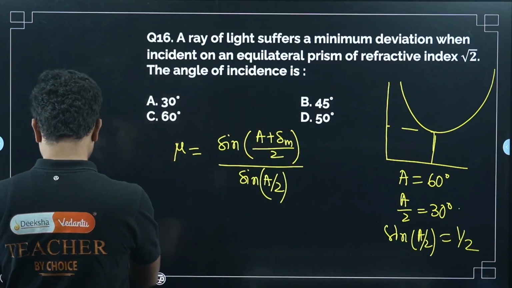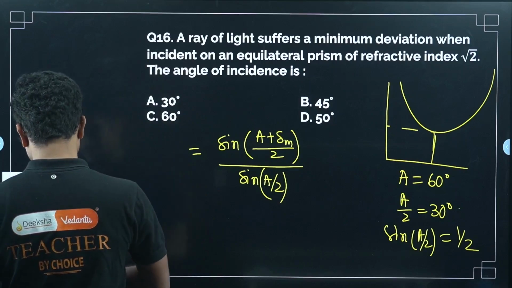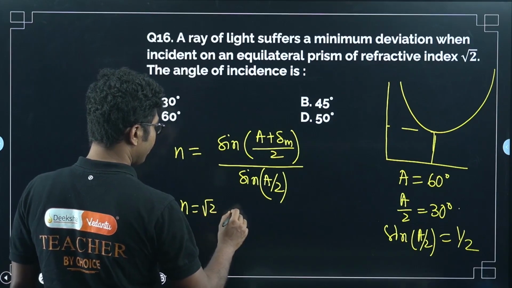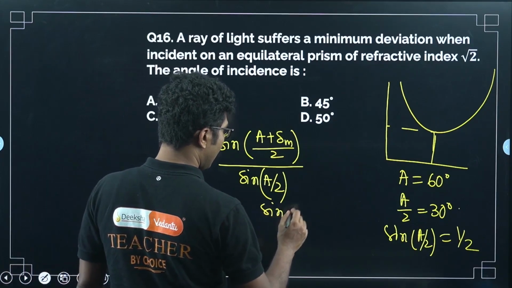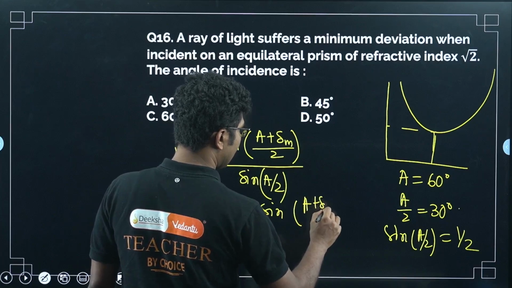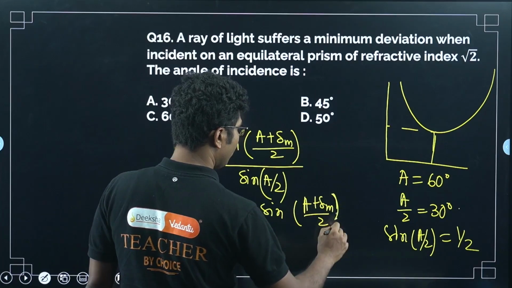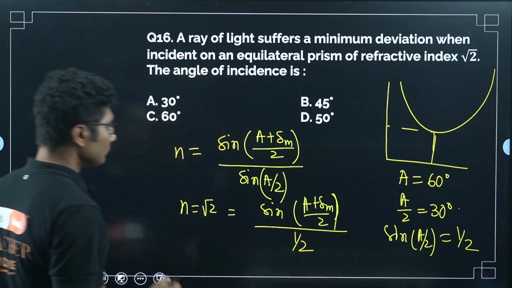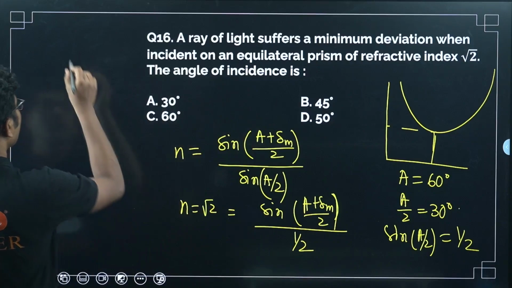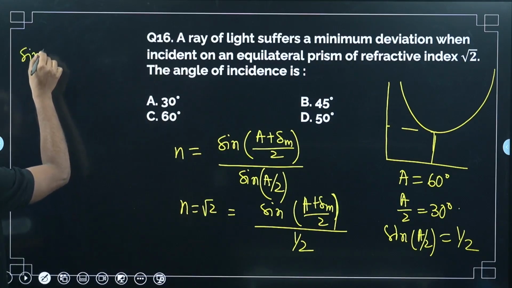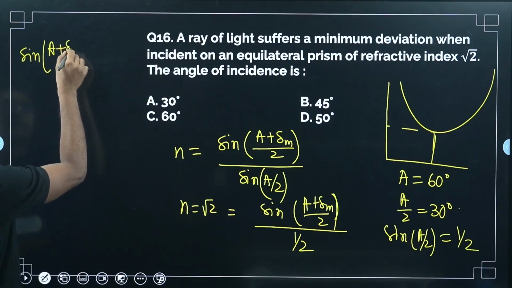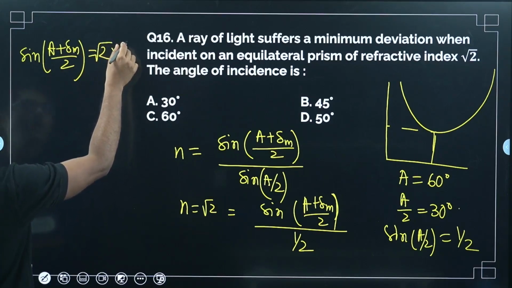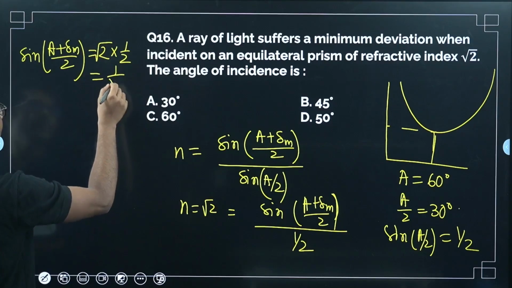And mu, the refractive index n, is given by √2. So, √2 equals sine of (A plus delta m) by 2 divided by sine 30, that is half. Okay, so this half will come here. So, we can write sine of (A plus delta m) by 2 equals 2 times √2 times half, that is 1 by √2, right?